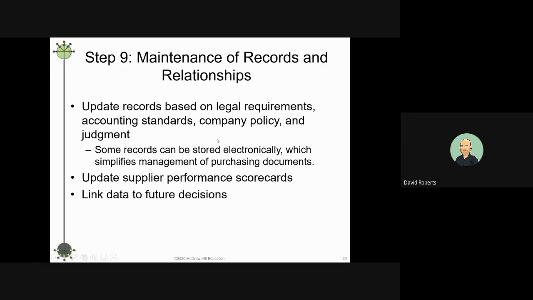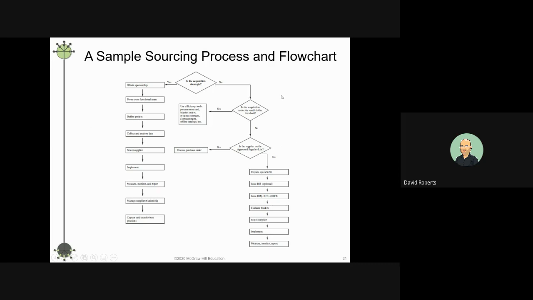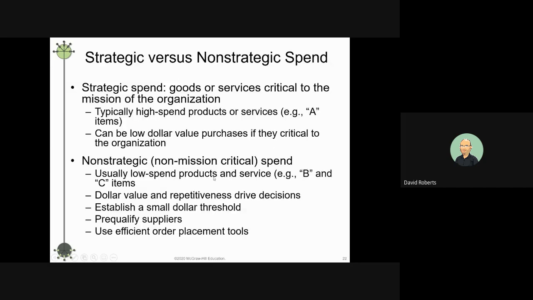Again, maintaining your records. So here's a flow chart, which I'll let you go over, selecting the supplier, implementing all of these types of things. And so you'll have a procedural way of dealing with your purchasing and your sourcing. Again, typically the A items, which you probably remember from your supply chain classes, are the high dollar values.